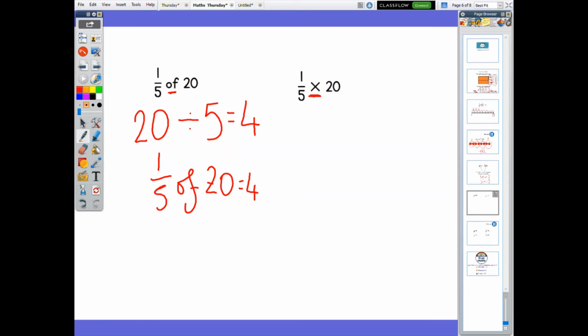But then if I did a fifth times 20, it would give me 20 over 5, 20 fifths. And if I simplified that, because it's an improper fraction, that would give me 4. So you can see that either way, whether I use of or multiplication, the answer is still the same. They are completely interchangeable. I could use either one and I would still get the same answer.